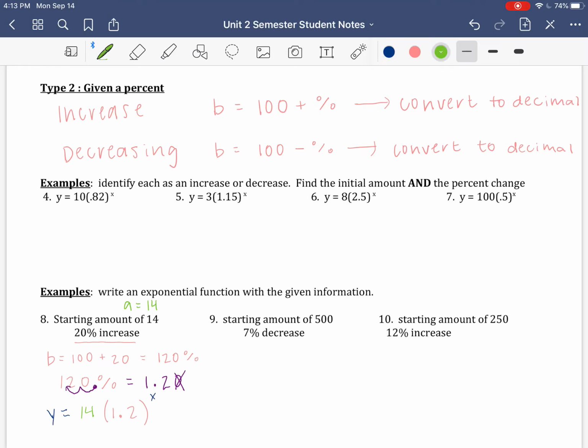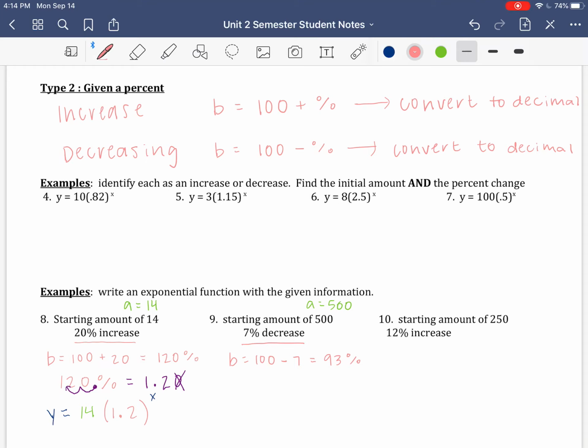In number 9, we have a starting amount of 500, so A equals 500. And again, we've got to find B because they told me I have a 7% decrease. So when it's a decrease, we're going to do 100 minus 7, minus your percent, which gives me 93%. The reason we do that math is we're accounting in our equation for how much of our initial value we keep.